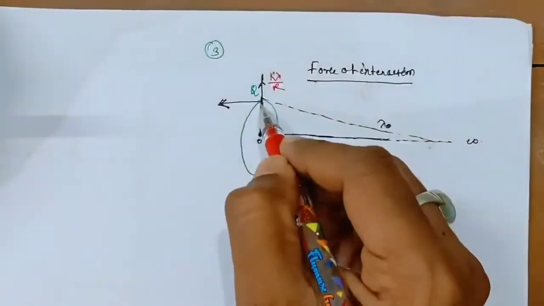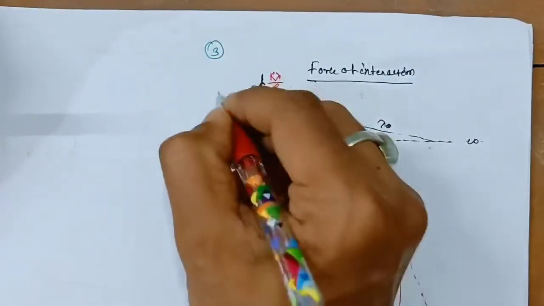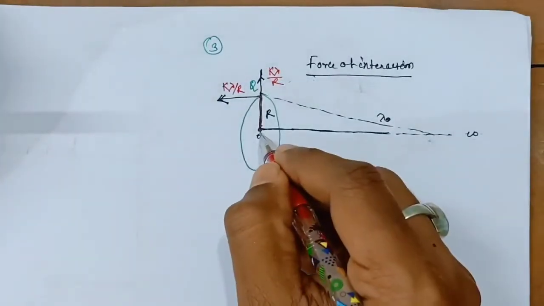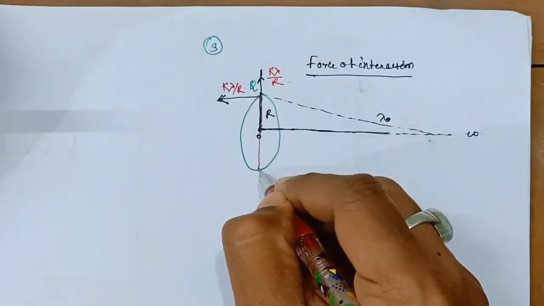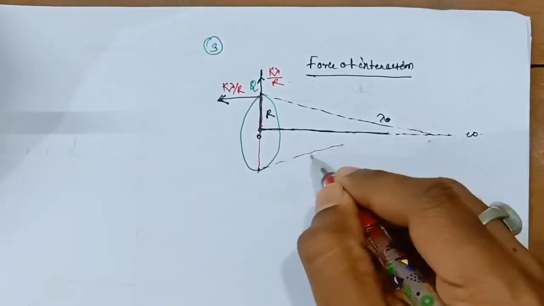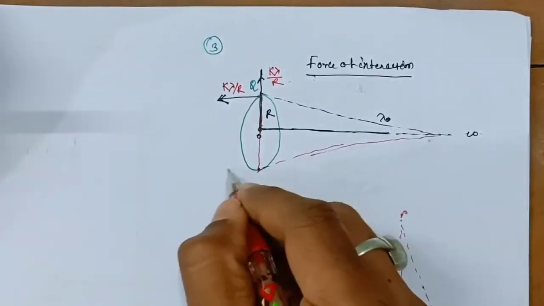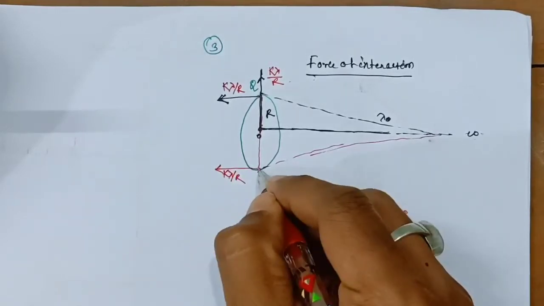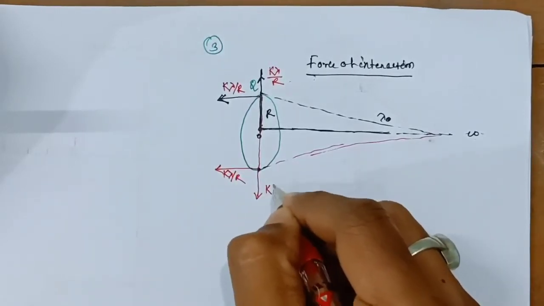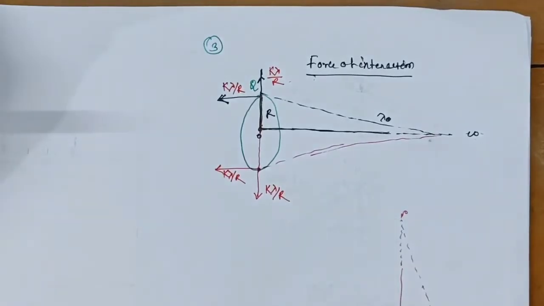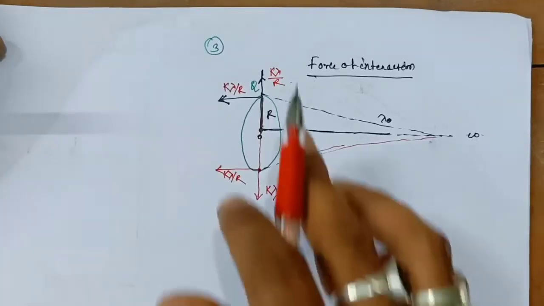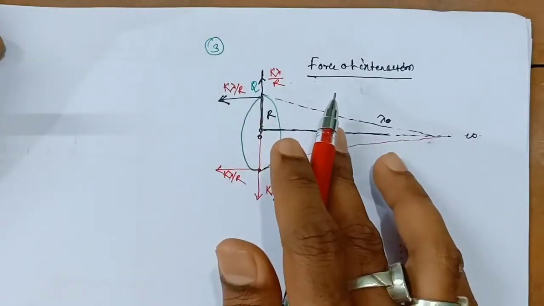So here the distance is r, that's why k lambda by r, and here also k lambda by r. In a similar fashion, if I look at this end, the expression will be k lambda by r, and the perpendicular component will also be k lambda by r.